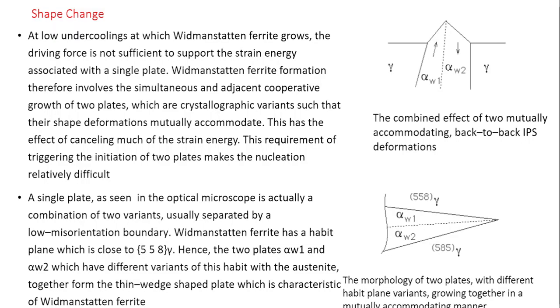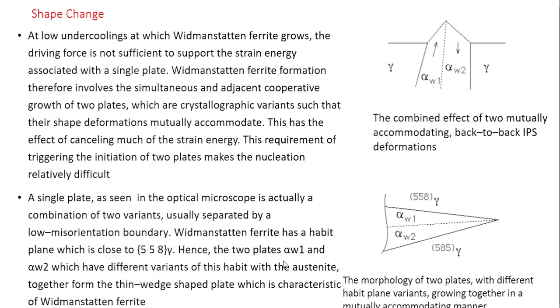A single plate as seen in the optical microscope is actually a combination of two variants, usually separated by a low angle boundary. So this dashed line is a low angle boundary. Widmanstatten ferrite has a habit plane which is close to 558 of the austenite.